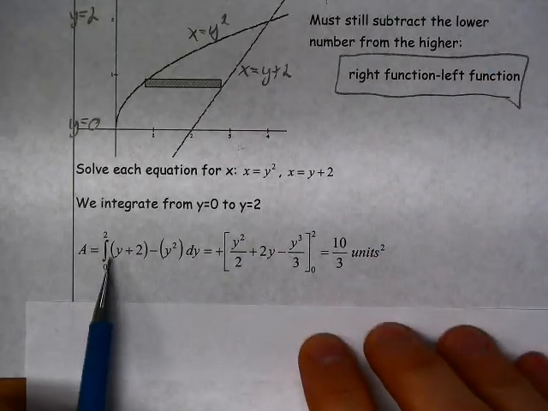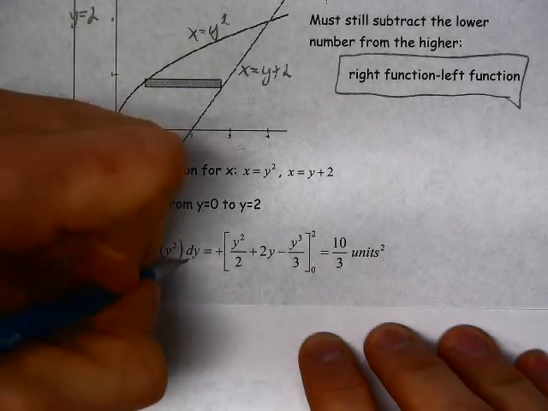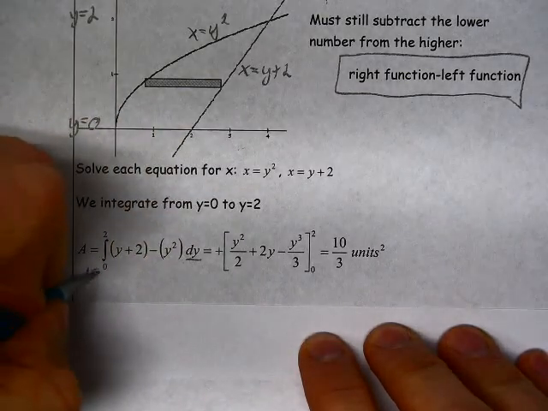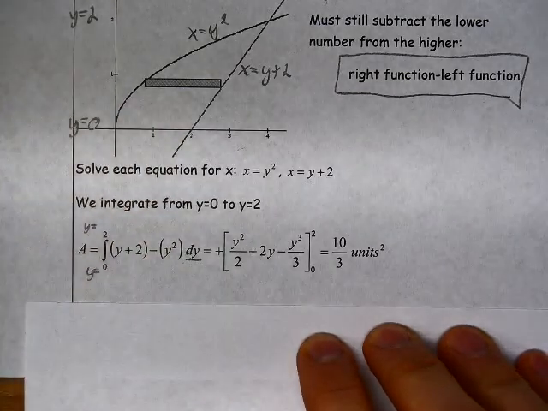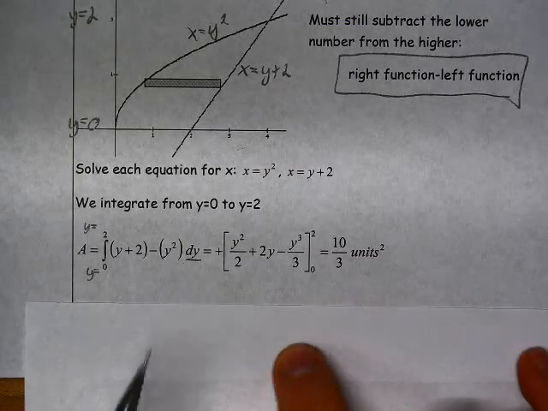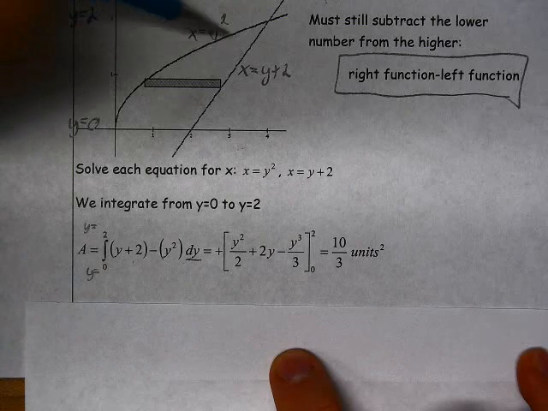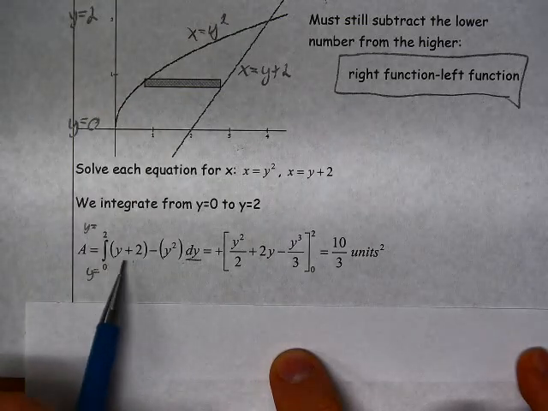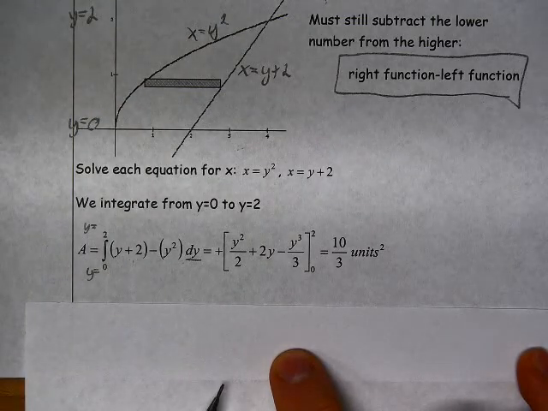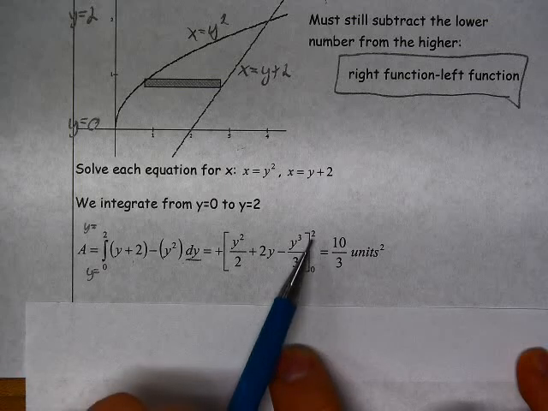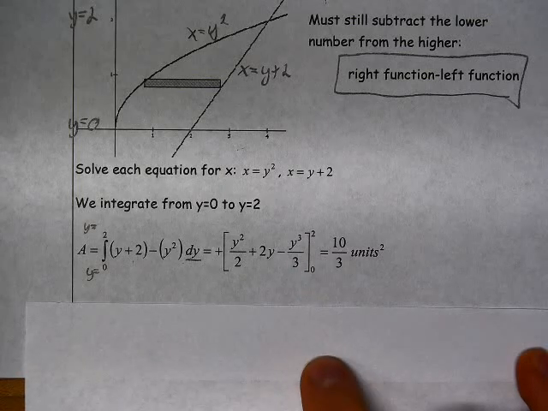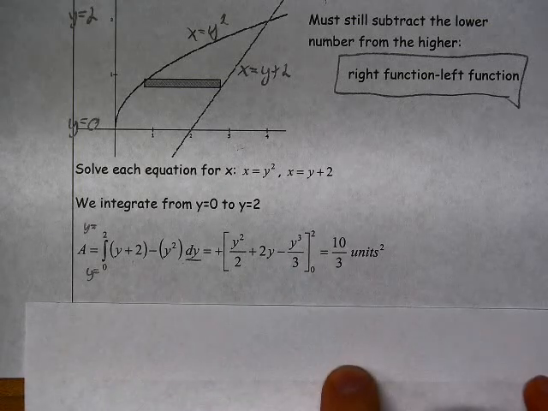So I'm going to integrate from 0 to 2. Notice that I have dy here because this is y equals 0 and y equals 2. My right function is y plus 2. My left function is y squared, so I'm going to do the right minus the left. Find the antiderivatives, evaluate at 2, and evaluate those at 0. Do the subtraction.